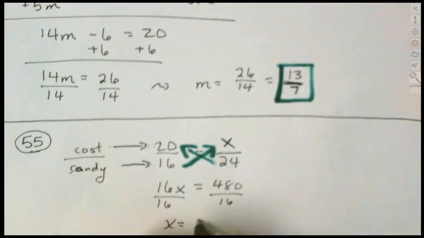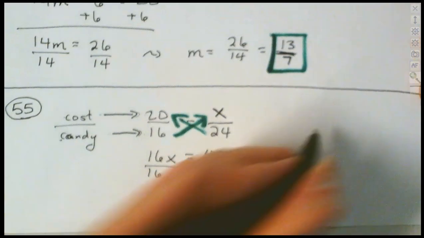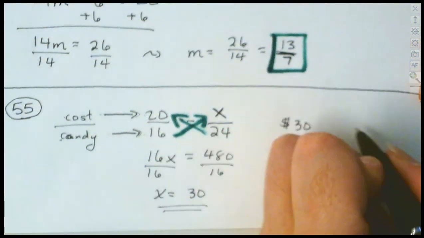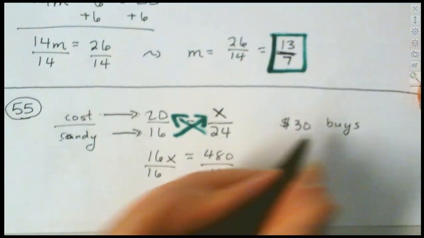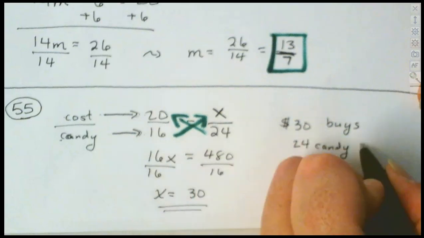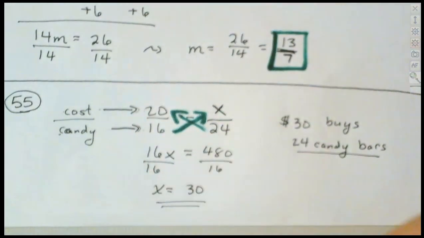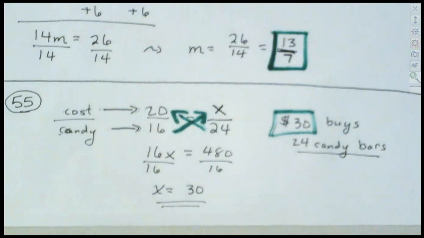That gives you 30. And so what does that tell me then? That tells me $30 buys 24 candy bars. The answer is going to be that $30. Okay, but that $30, that's going to buy you 24 candy bars.